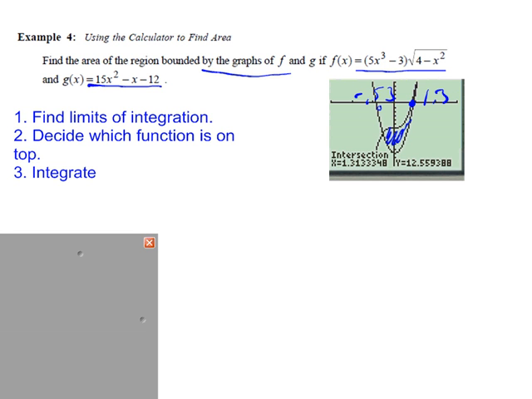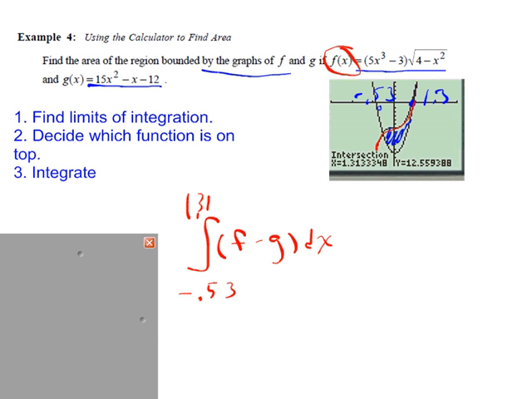And clearly the top function, the function that's on top the whole time, is f of x. So what we're going to do is integrate from negative 0.53 to 1.31 of f minus g dx.